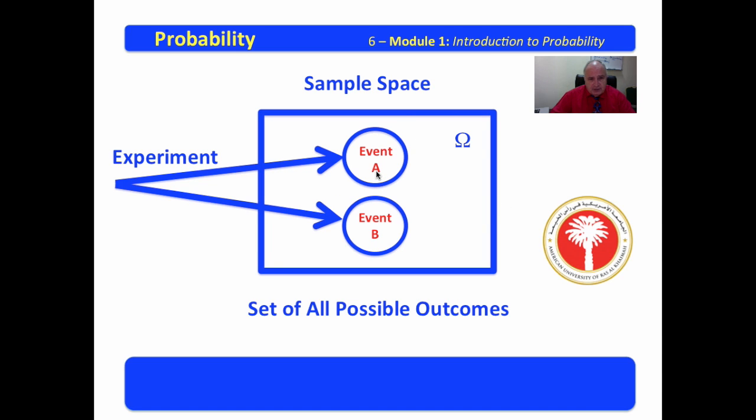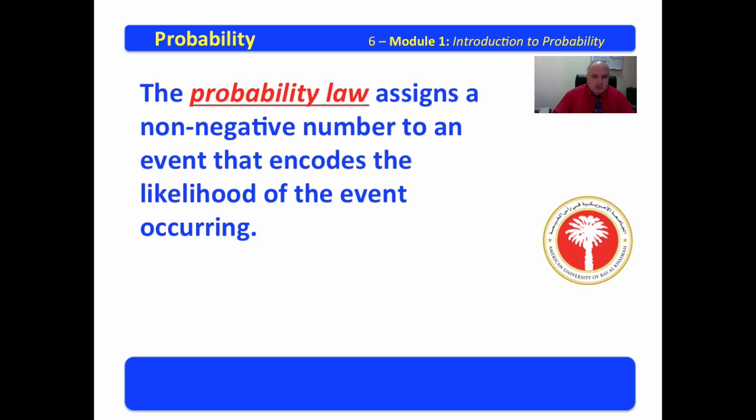In this particular diagram, we have an experiment, and it's a probabilistic model or plan. The experiment maps us into a sample space made up of everything, omega, and in that sample space, we have some subsets, event A and event B. Omega is the set of all possible outcomes, might be called the sample space, the universe. And in this, we have events that are subsets of that sample space.